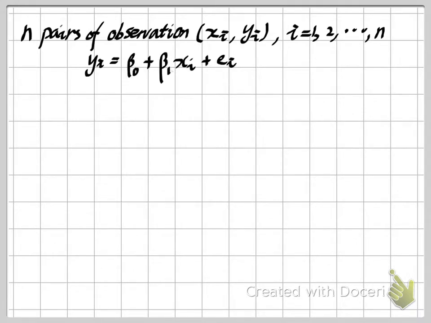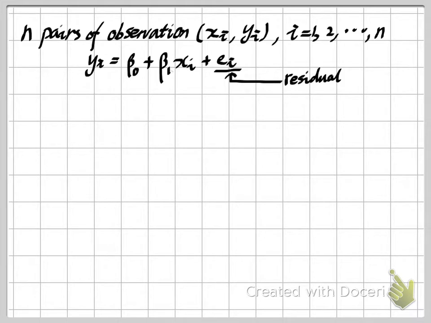So we can rewrite this as this equation: yi is equal to beta 0 plus beta 1 xi plus ei. Here the ei is a residual of our data. Whenever we have a pair of the observation, we can compute this ei for our model. And this ei is very similar to the error term in our empirical model.